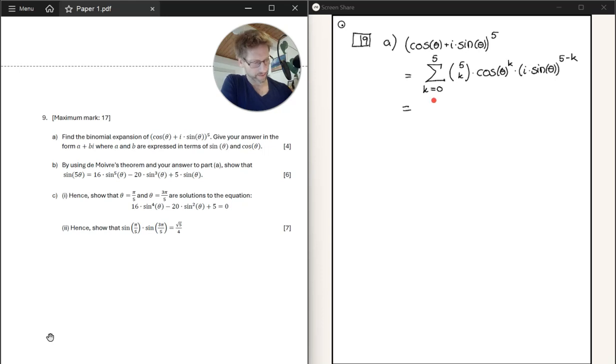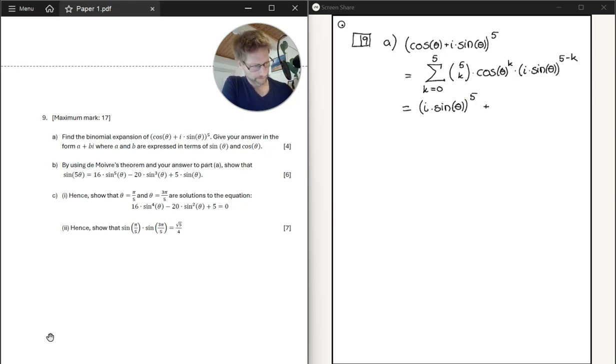So the k0 term, that's 5 choose 0, is just 1, and then we get cosine of theta to the 0th power. So the first term I get will be I sine of theta to the power 5.